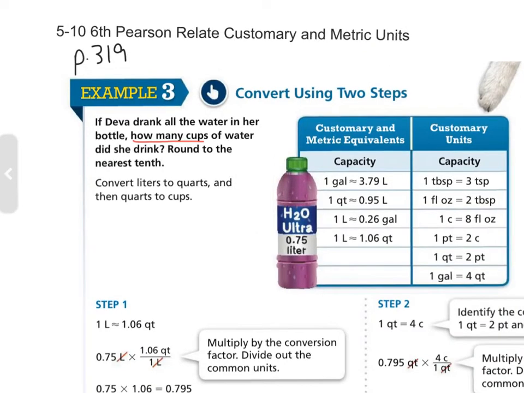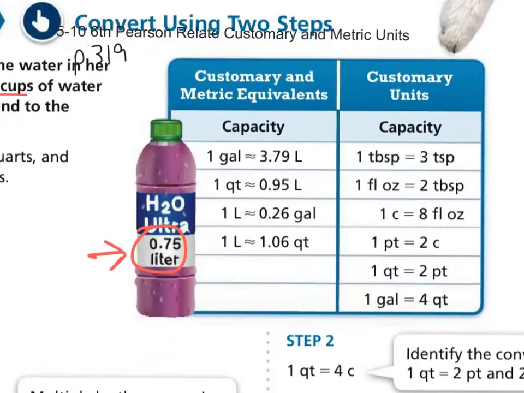So you can see from the bottle here, it's 0.75 liters, and we're trying to figure out how many cups that is. So notice your units, one was cups and one was liters. We've got a lot of conversions they're giving us here. We have to just find the one with liters and cups.